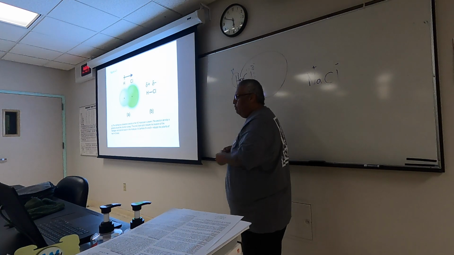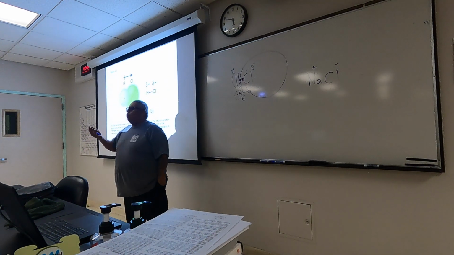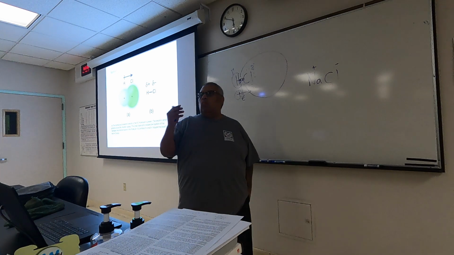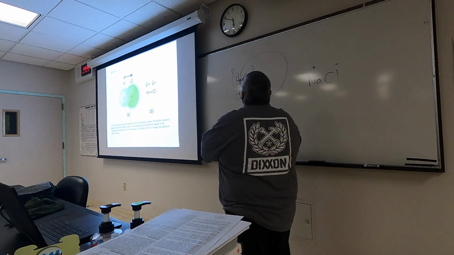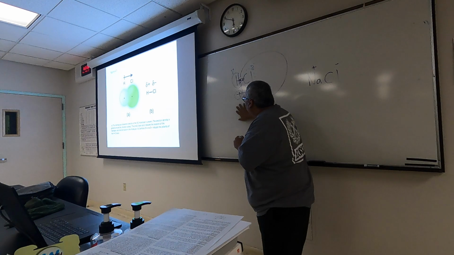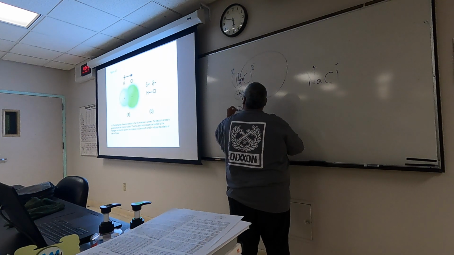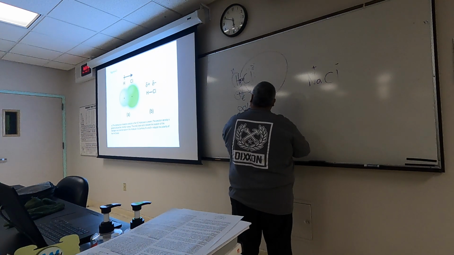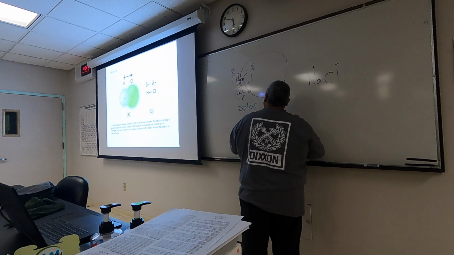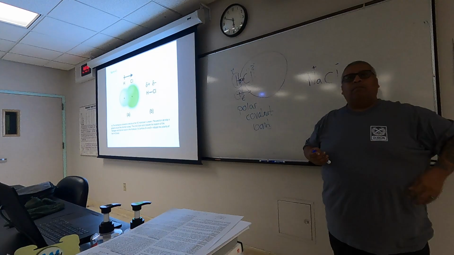So we just need to learn now how we're going to determine which one has a stronger pull on the electron. So this here is what we consider to be a polar covalent bond.